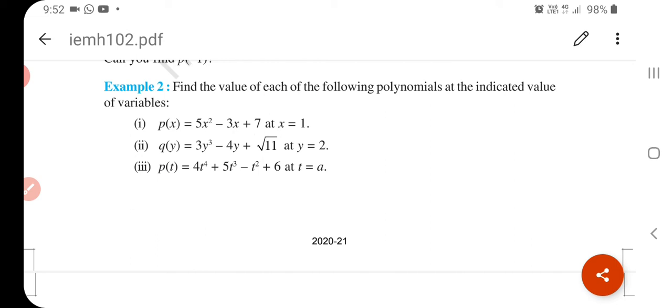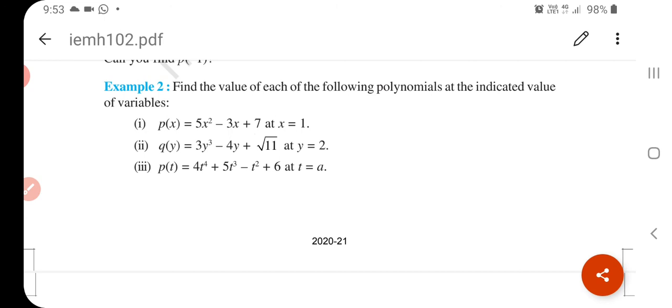Now, the number of zeros of a polynomial. By convention, every real number is taken as a zero of the zero polynomial. Thus the zero polynomial has infinitely many zeros. A non-zero constant polynomial has no zeros. For example, consider the non-zero constant polynomial p(x) equal to 5. It has no zeros. Replacing x by any real number in 5, that is 5x to the power 0, we still get 5.